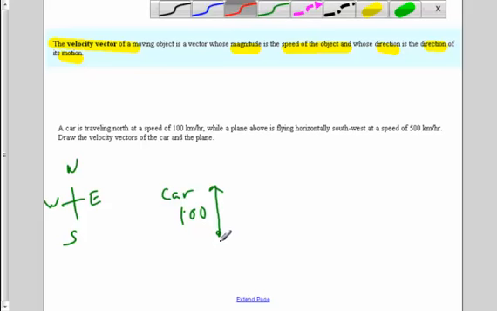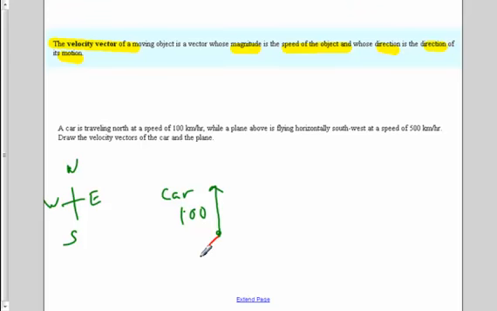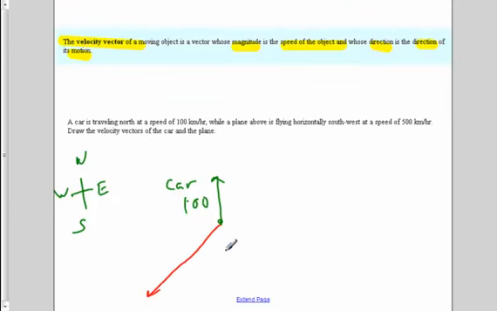When it says southwest, we're assuming that that's like a 45-degree angle. And what I tried to do here is draw the length of the red, the plane, should be 5 times as long as the length of the green because the magnitude is 5 times as much. So here's a way that we can visually depict those velocities.